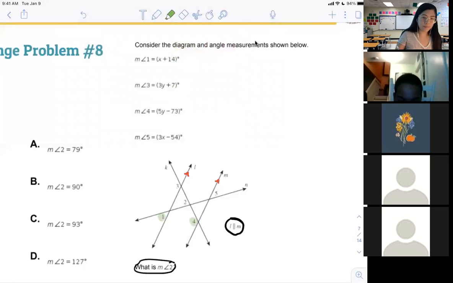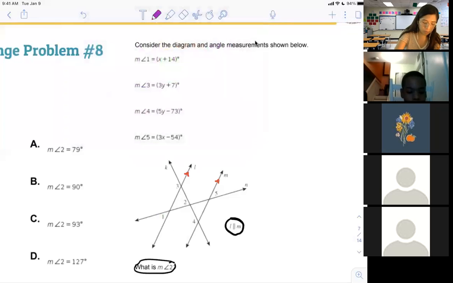We've got to use all those definitions: alternate interior, corresponding, vertical. I know the vertical angles, but not all of them are there. One would be congruent with the one on the other side, but that doesn't have a number, so we can't include that. I'll give you guys a little hint.